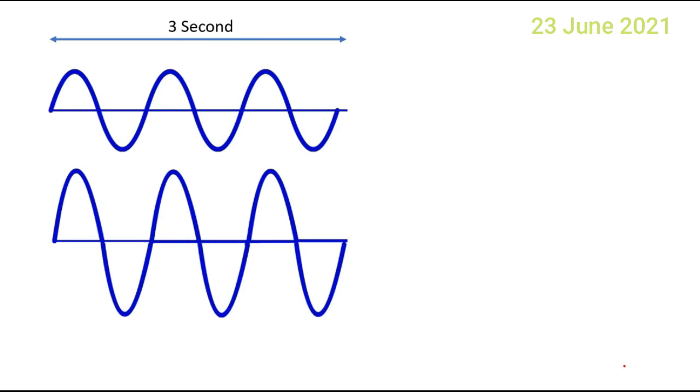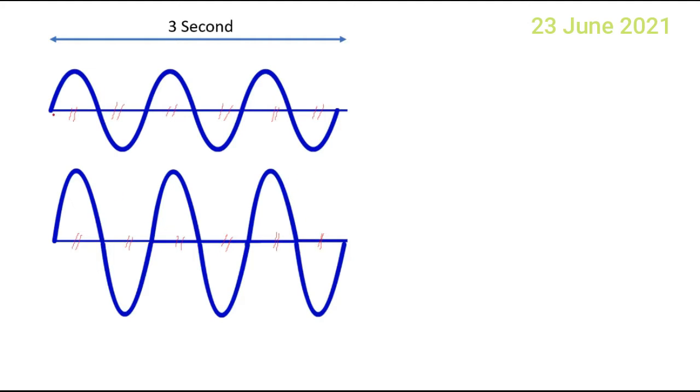The plane surface of this wave, I am just making a mark over it. This indicates the initial position of a medium or any vibrating body. From here, it is moving up and down.